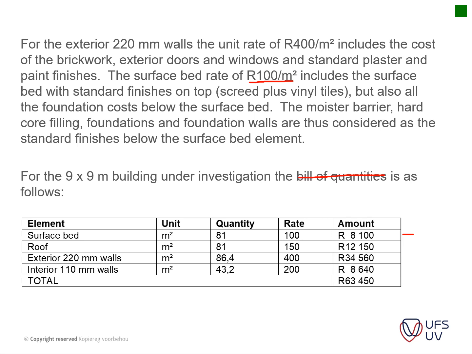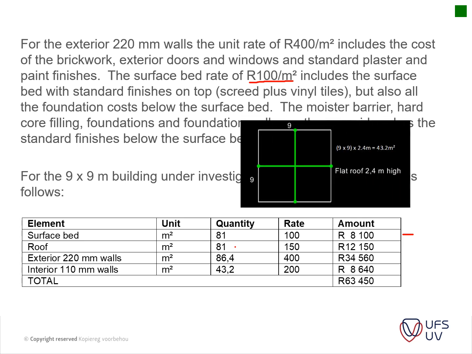Then we move to our roof, so we calculate that. It is also 9x9, so we get 81 square meters, and we've got a rate of 150 Rand per square meter for that, and thus we multiply that out to get 12,150. Our exterior walls, we calculate the square meter of that.